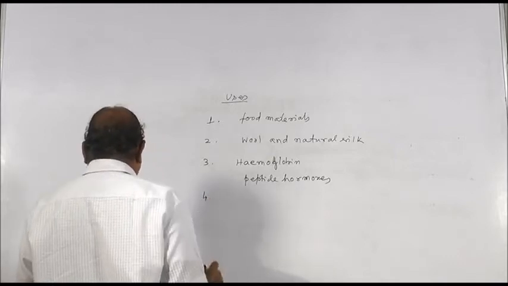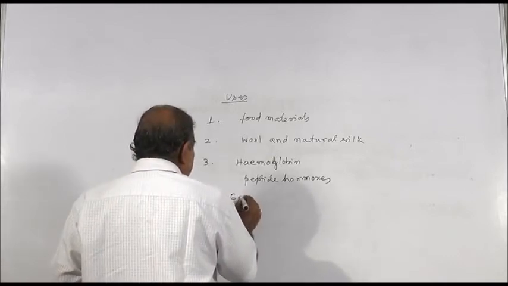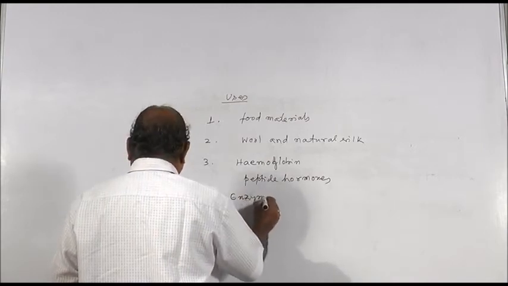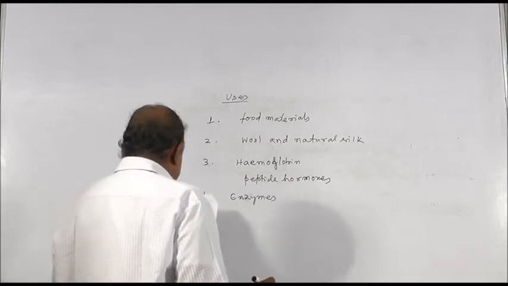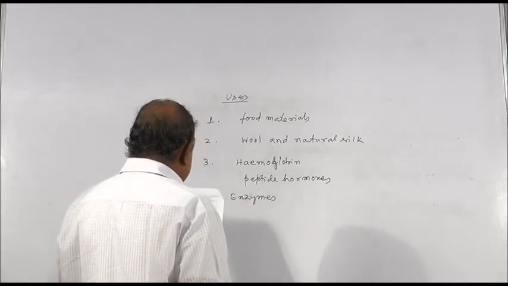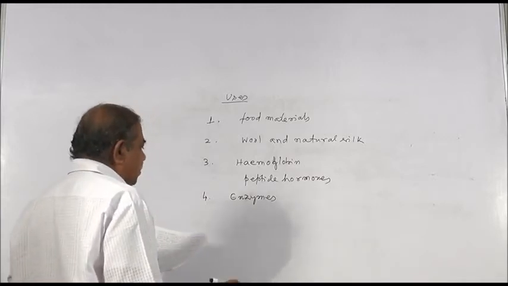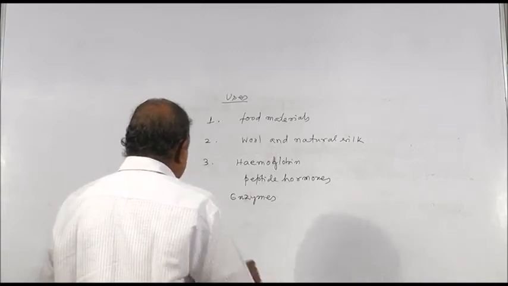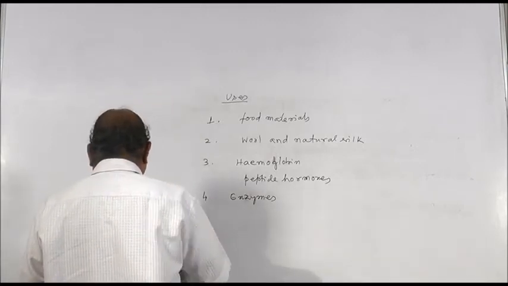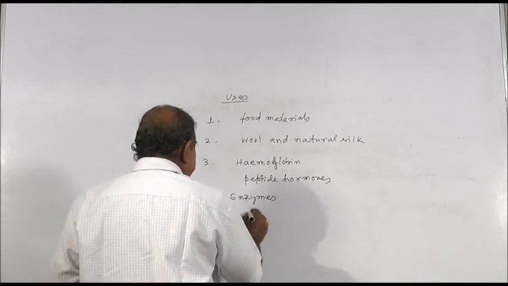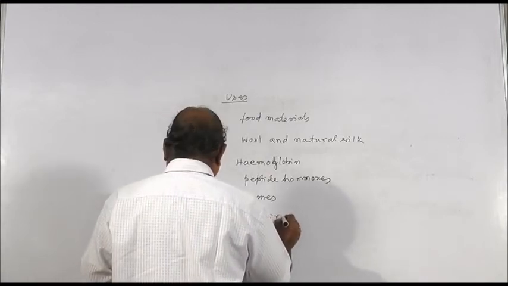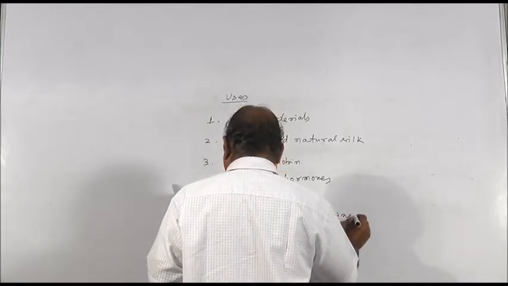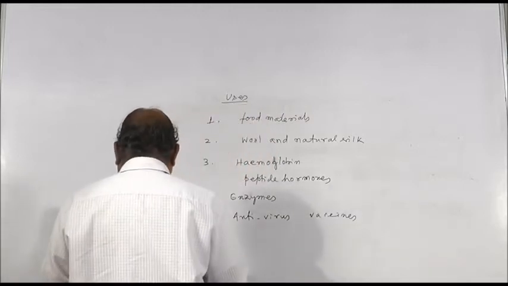Fourth, we can find various enzymes, as I have told you. These enzymes are essential for different chemical reactions inside the body and are also protein in nature. Fifth, many antivirus vaccines are also proteins in nature.